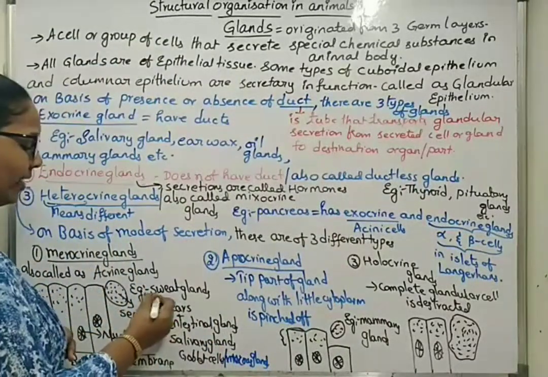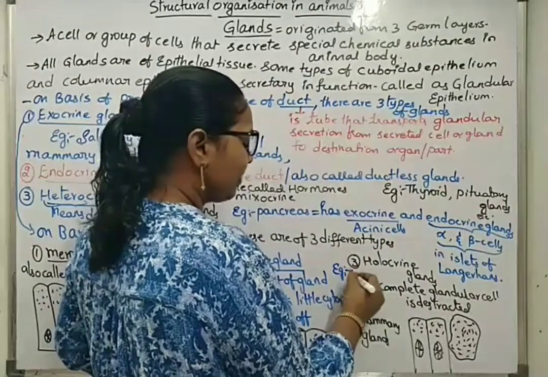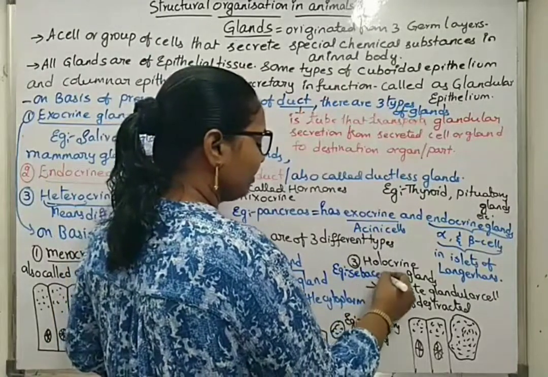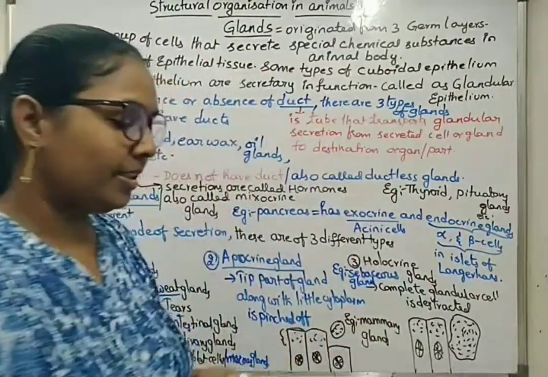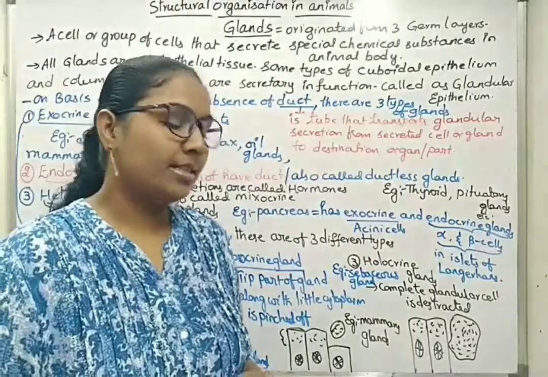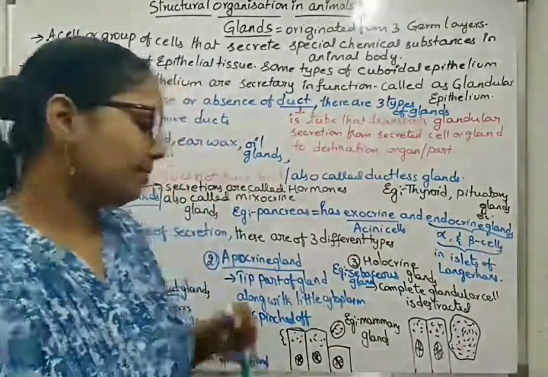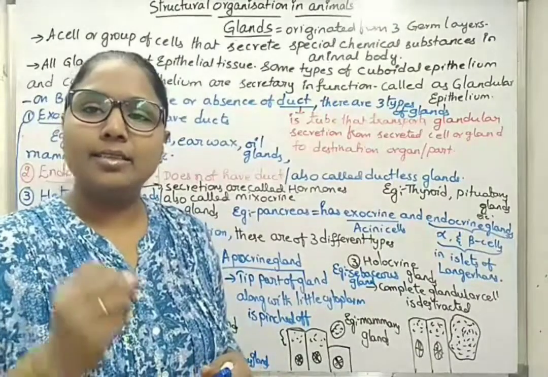Here we have written sweat gland, but under holocrine glands the example is sebaceous glands. Another gland is the meibomian gland, which is also called the Zeis gland. Meibomian glands are present inside the eyelids.